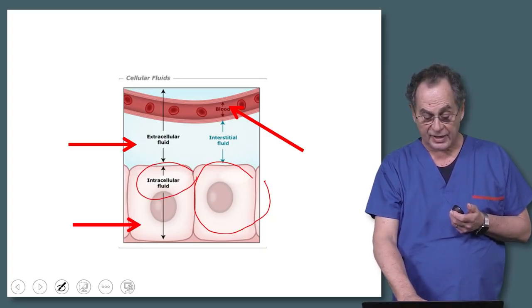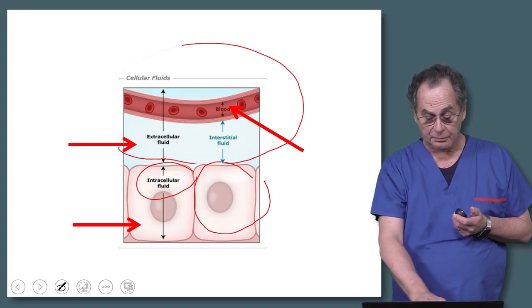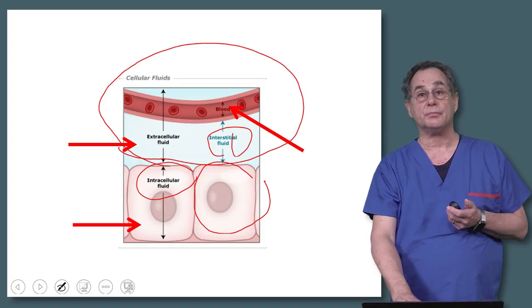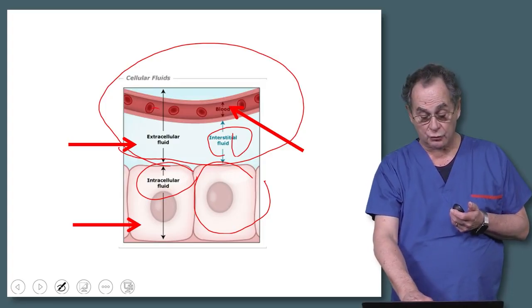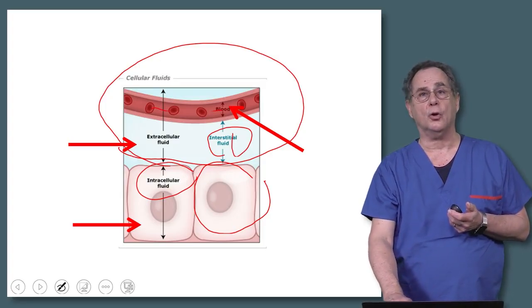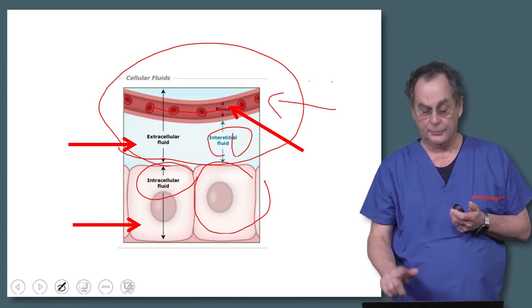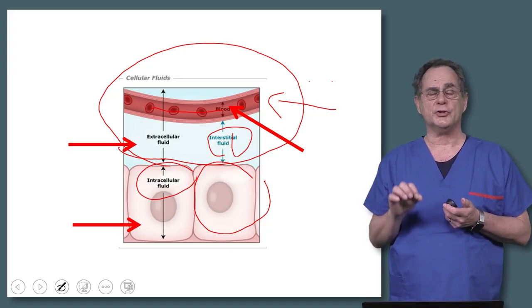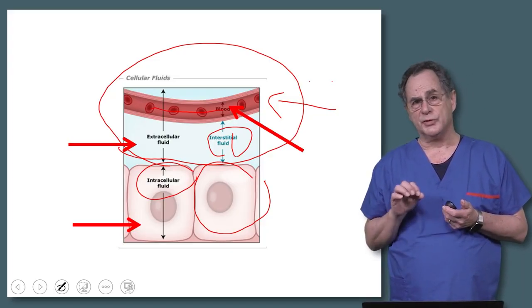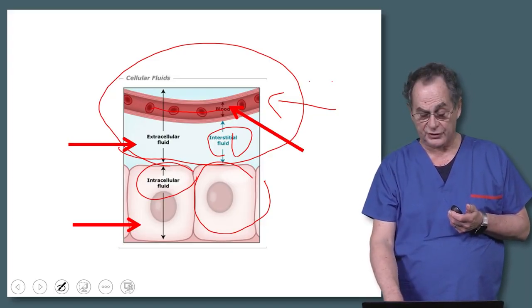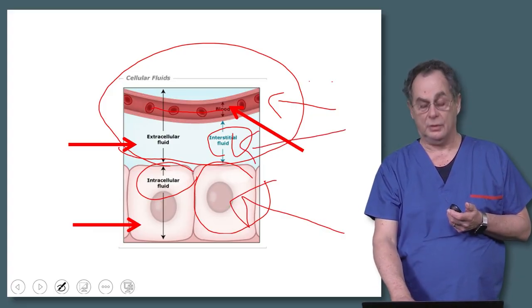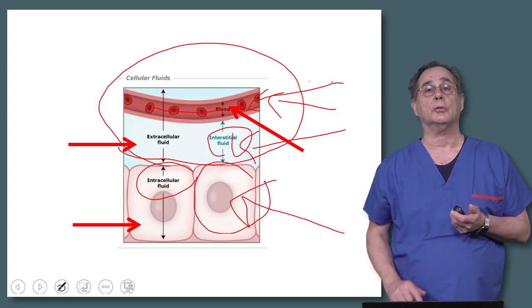Shown here is the extracellular water, and it's composed of two spaces, an interstitial space and an intravascular space, shown here. So there are in general three compartments in the body in which water is found. It's found in cells, it's found in an interstitial space, and it's found in a vascular compartment.